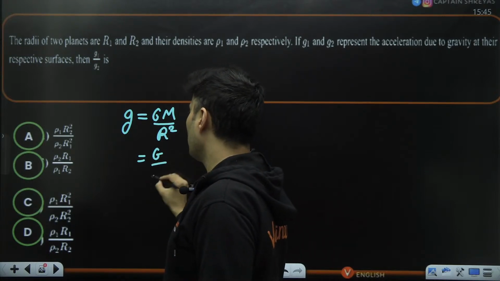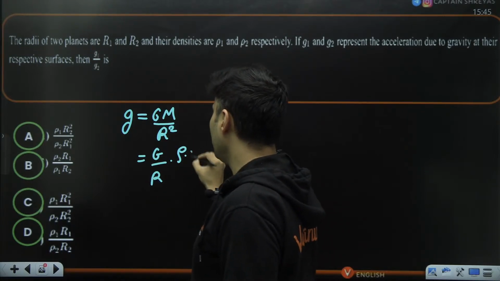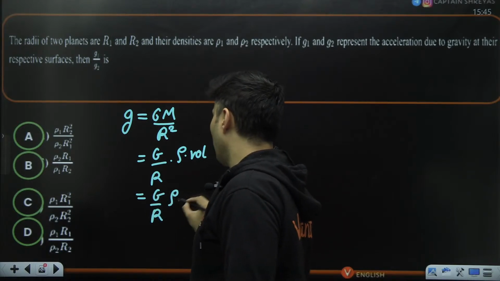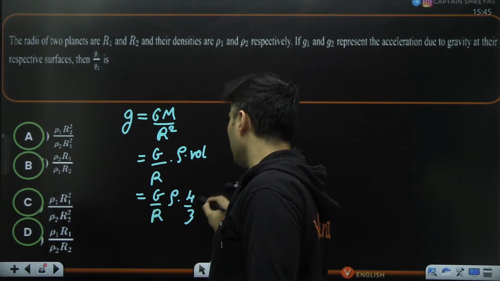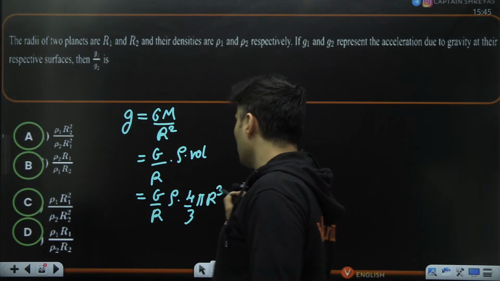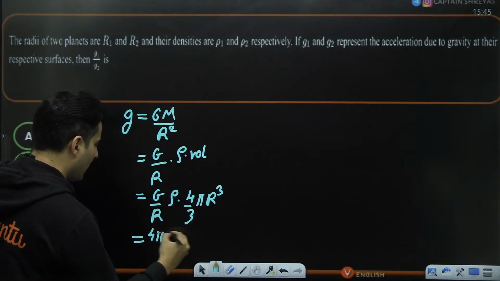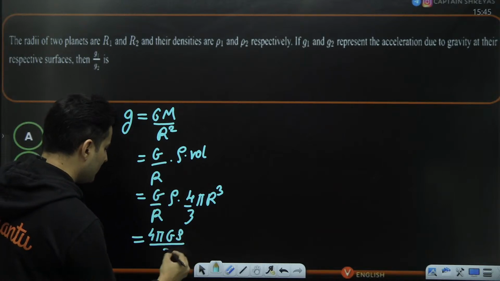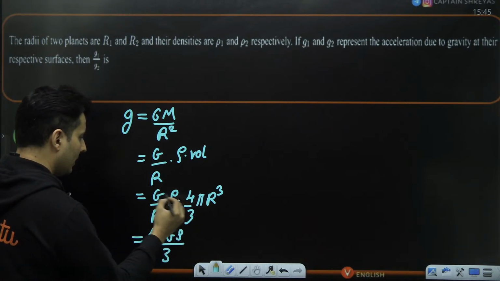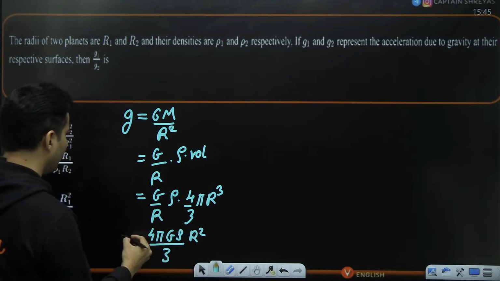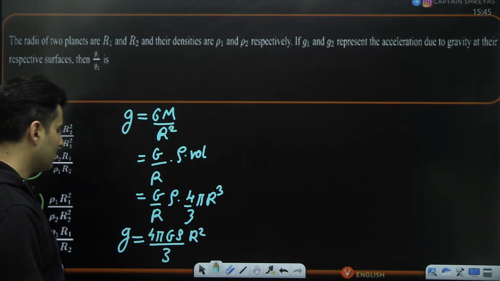But we know mass is density into volume, and volume is 4 by 3 pi r cube. So therefore, it will be 4 pi G rho by 3, r cube, and r square will cancel, so it becomes r square.